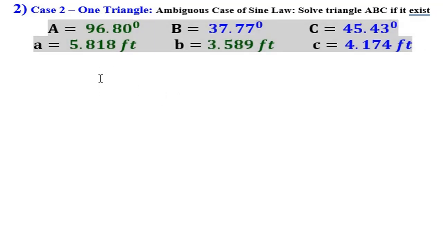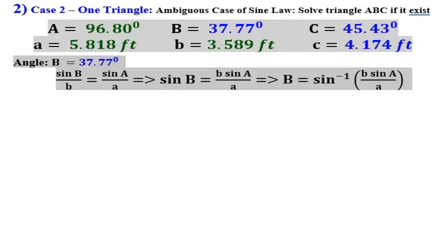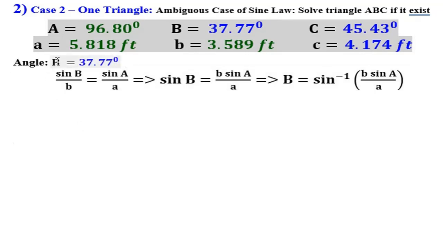What is given here is angle A, side A, and side B. We're going to try to find angle B, angle C, and side C. To find angle B, we use sine B over B equals sine A over A, because angle A, side A, and side B are known. That means sine B equals B sine A over A, so B equals sine inverse of B sine A over A.